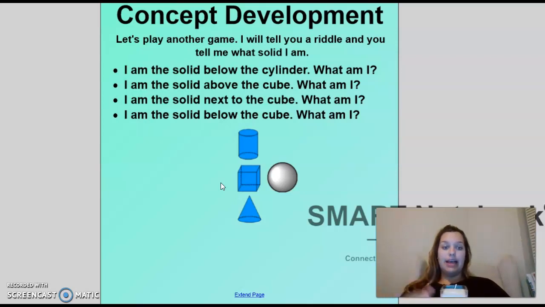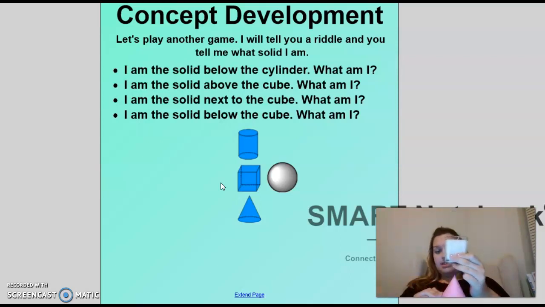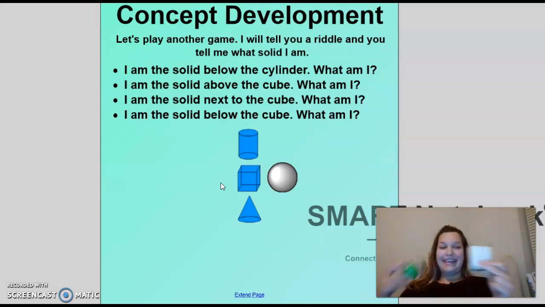Next to or beside. Is it the cylinder? No. Is it the cone? No. Is it the sphere? Yes.